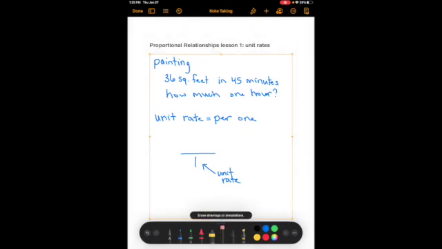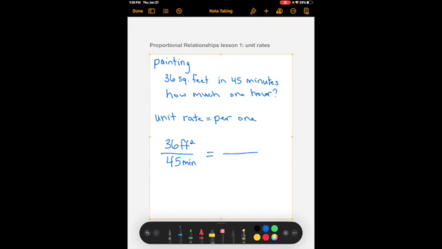So we are looking at 36 square feet in 45 minutes. The first thing we're going to have to do is write that out as a ratio. So it's going to be 36 feet squared in 45 minutes.